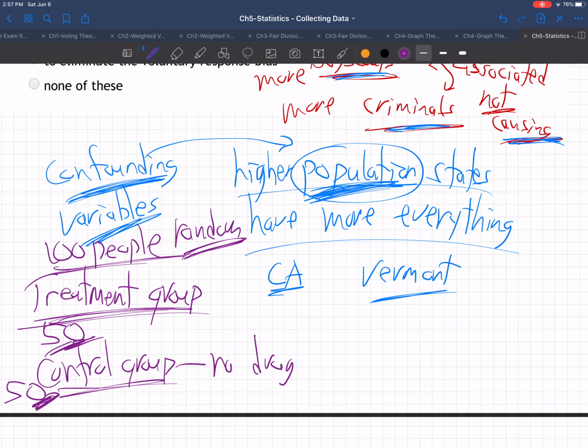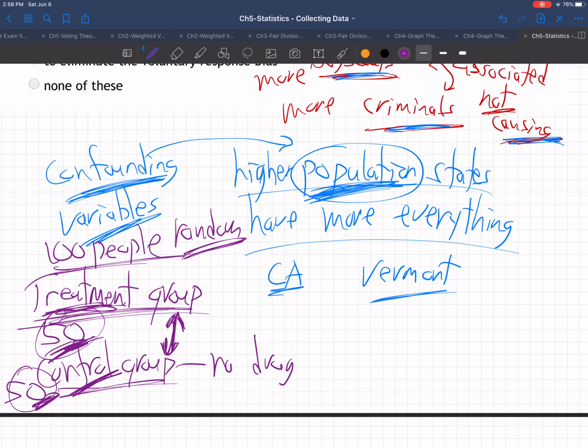You have to do it totally random, so that these 50 people and these 50 people have everything else mixed up at random. The only difference between these groups is one group gets the drug, the other group doesn't. So if we see later that there's a different outcome, the only difference is who got the drug and who didn't.